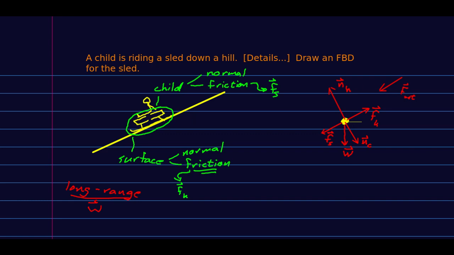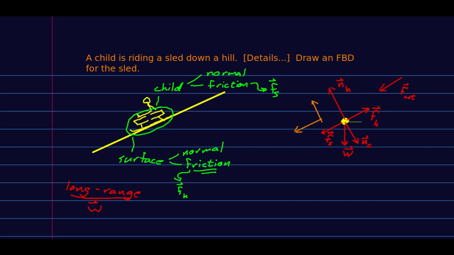And so the last step is to draw axes. If this is going down the slope, it makes sense perhaps to put our x-axis positive down the slope. And we'll talk more in the next unit about strategizing about when you should tip your axes and when you shouldn't.